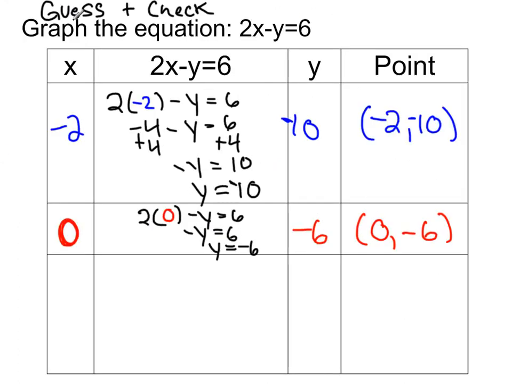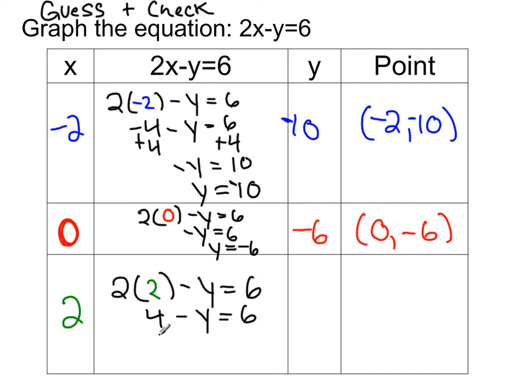Alright, I'm going to try another one. How about 2? We actually saw 2 a little bit earlier, but we're going to go ahead and do it all the way through anyways. So we have 2 times x minus y equals 6, and the x we're plugging in this time is 2. So 2 times 2 is 4, and we've got to get y by itself, so we'll subtract 4 from both sides.